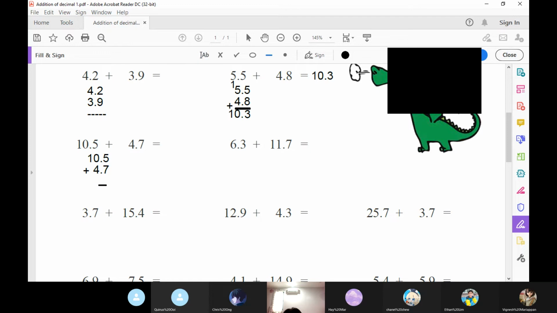Okay, now 5 plus 7 is equals to what, Quinas? 13?